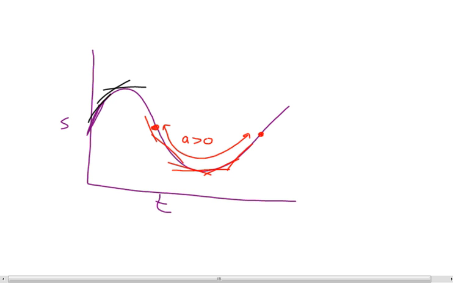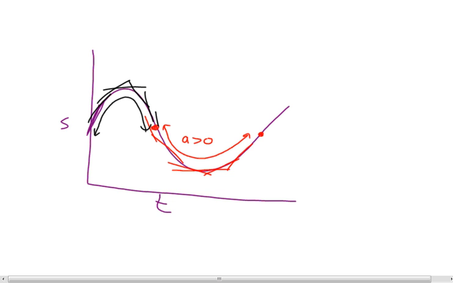All through this portion, the velocities are getting more negative. They're decreasing, so we have negative acceleration. This is concave up, that's positive acceleration. This is what we call concave down, that's negative acceleration. The velocities are decreasing.